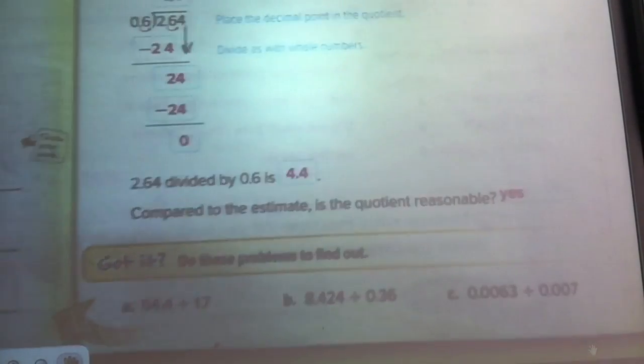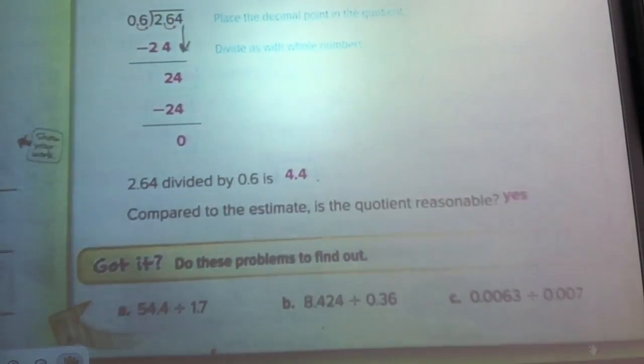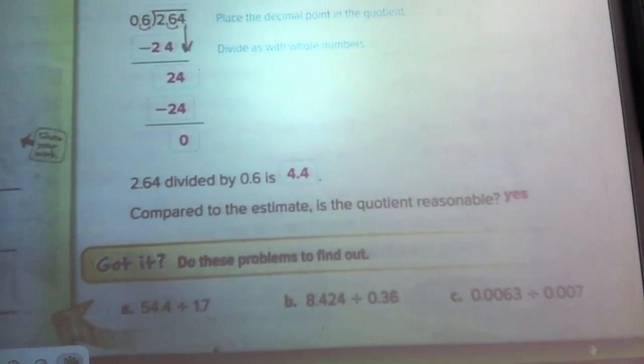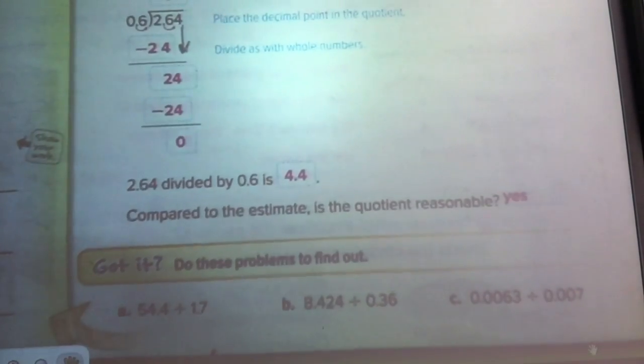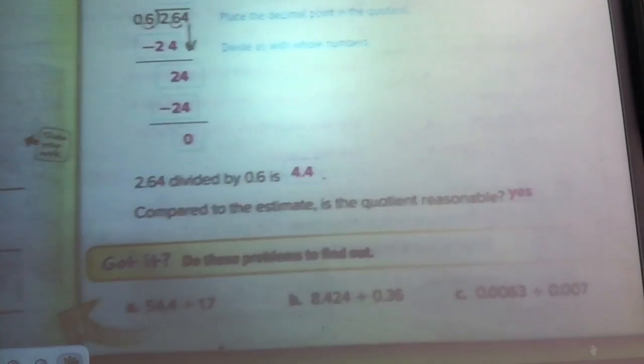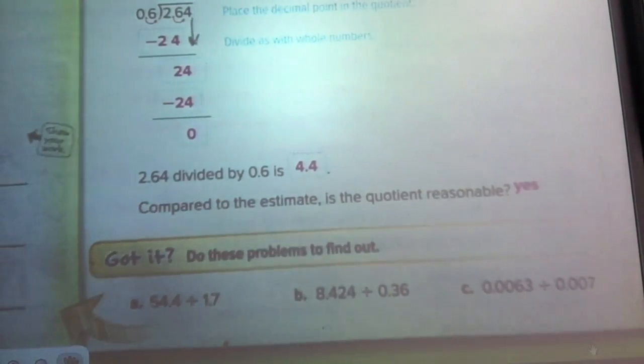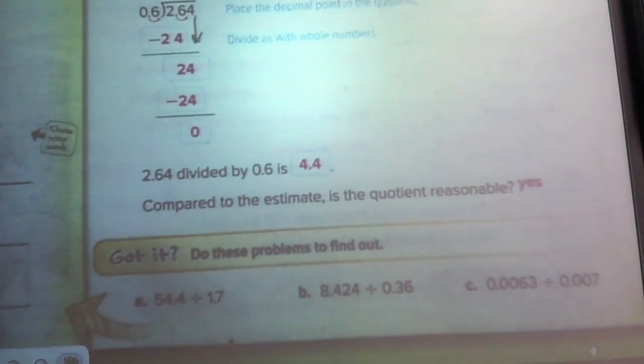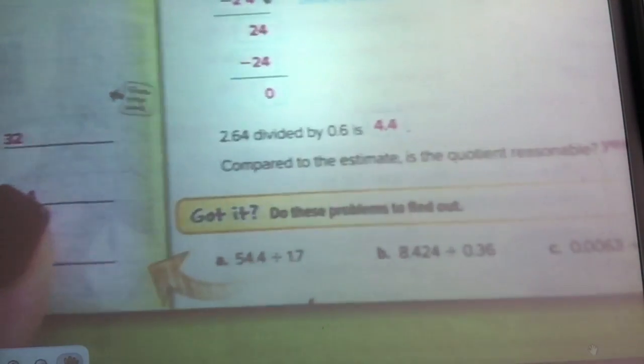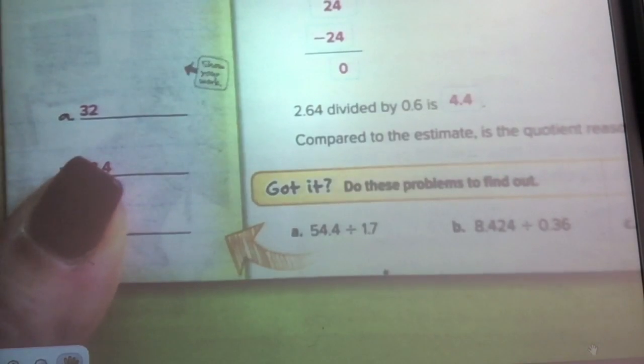All right, if you did them correctly, 5.4 divided by 1.7, you would have gotten an answer of 3.2.